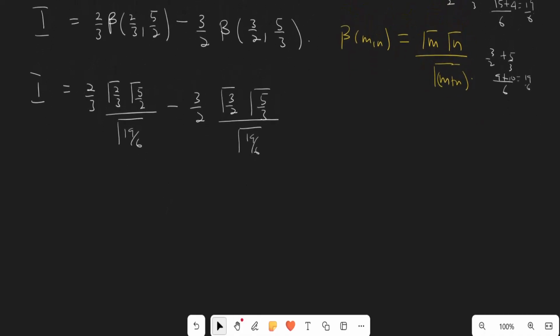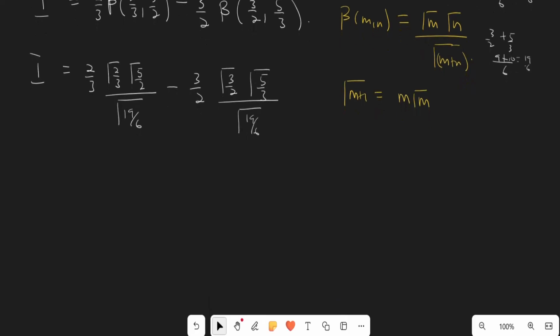And now we are going to use an identity. We know that gamma of m plus 1 is the same as m gamma m. This is what we are going to use next in order to solve this integral. So if you are able to express these terms as gamma of something plus 1, then we are in business.